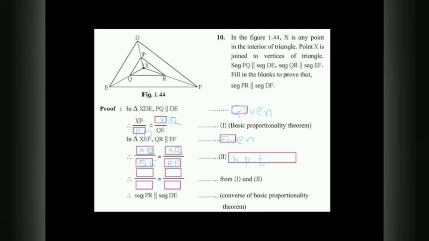Now, by using the first step and second step, if you observe here, this much part XQ upon QE is in both the equations. That is why we can equate: XP upon PD is equal to XR upon RF.